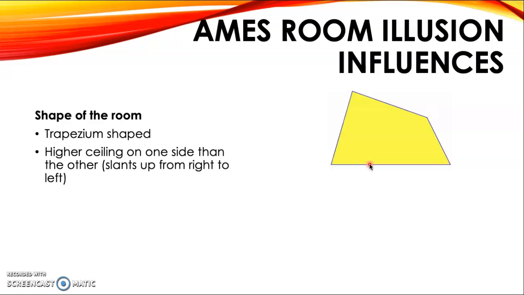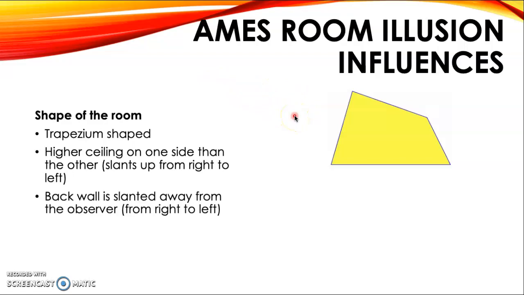Now on top of that, there's a higher ceiling on the left-hand side here than on the right. So it actually has a ceiling that slants down towards the ground. And the back wall is slanted away from the observer. So as you can see here from a bird's eye point of view, the back wall slants away from you.